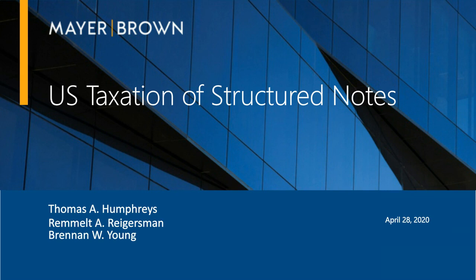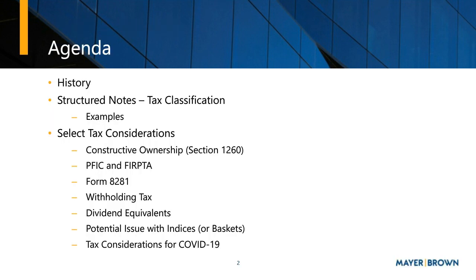With the housekeeping out of the way, let's get started on our program for today. Here's our agenda on slide 2. What we found most effective is to give everyone a little history on structured notes, to talk about one very early and quite interesting transaction, which we use to illustrate the tax issues that are raised when an issuer does a structured notes offering and when a holder buys structured notes.